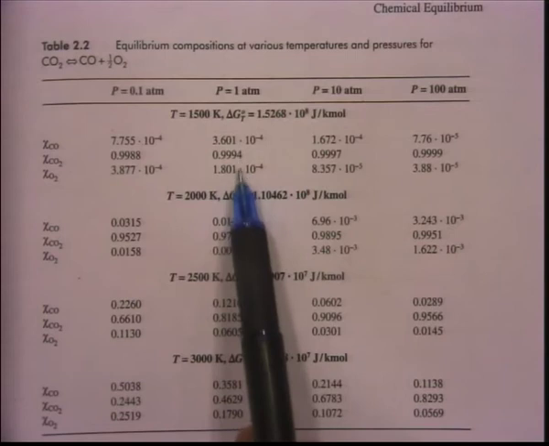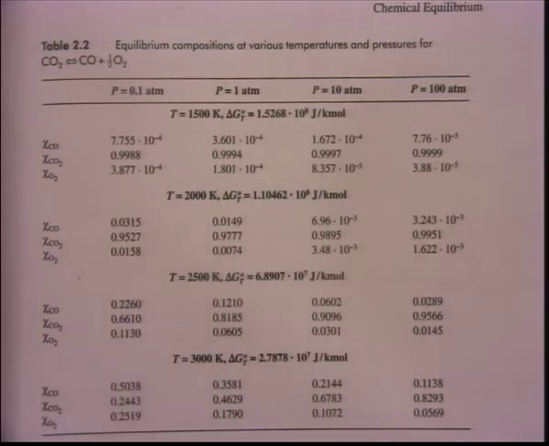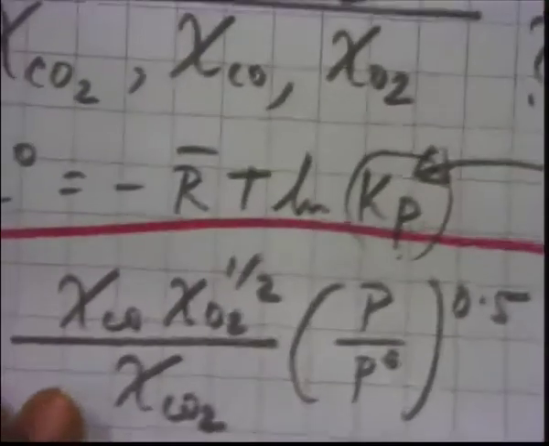So, these values have been obtained by solving these 3 equations, correct? Kp will come from the first equation. Let me clarify the first equation once more.